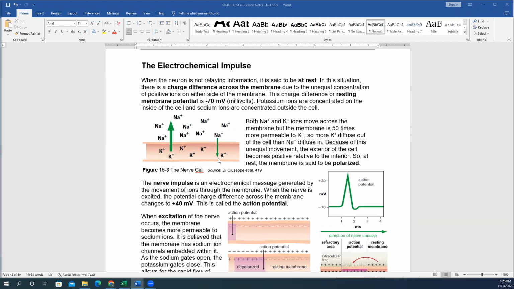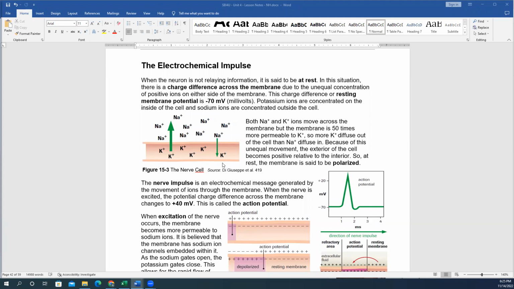So more potassium diffuses out of the cell than sodium is able to diffuse in. Because of this unequal movement of ions, the exterior of the cell becomes more positive relative to the inside.